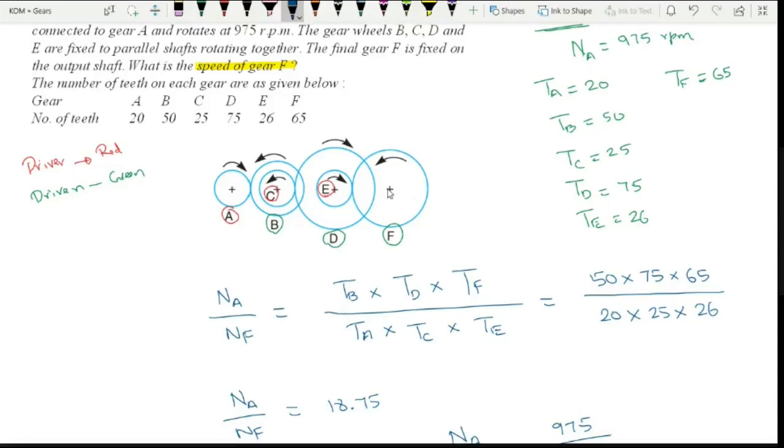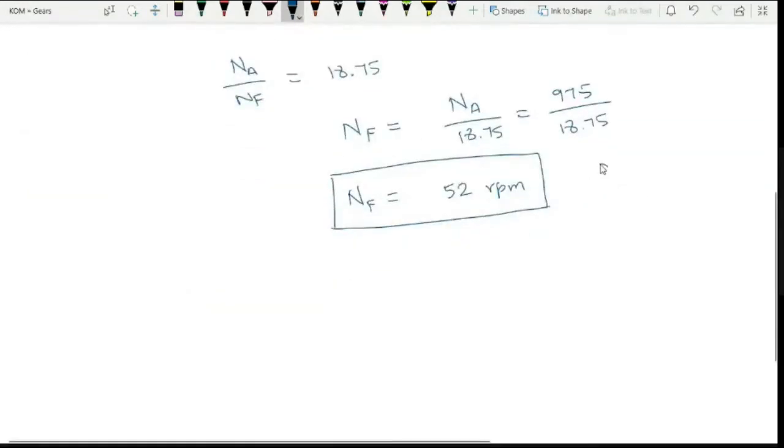So when this is rotating clockwise, your F is in anti-clockwise rotation. Here the question gave it, but sometimes they won't mention it directly. In that case, you have to identify the direction also and write down whether it is clockwise or anti-clockwise.